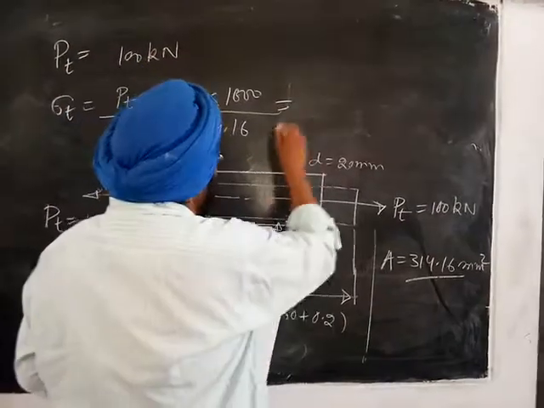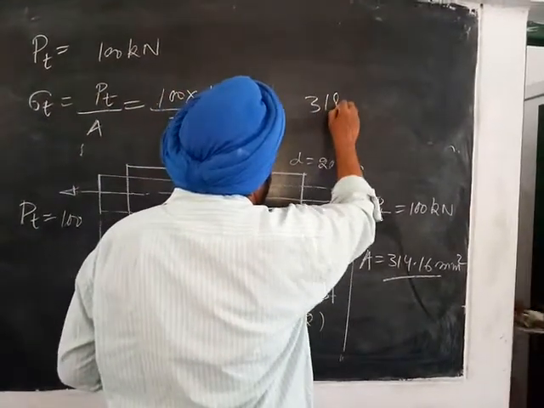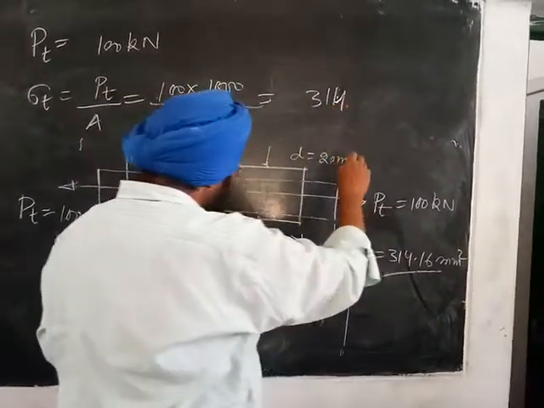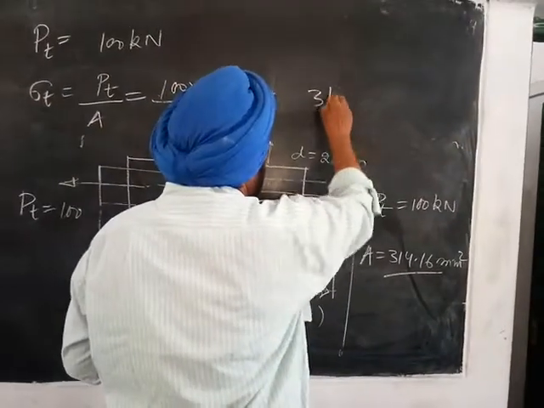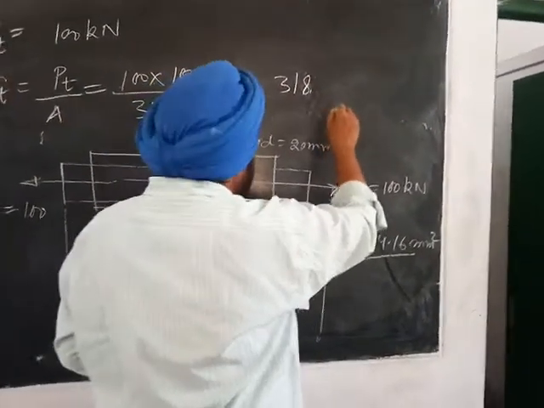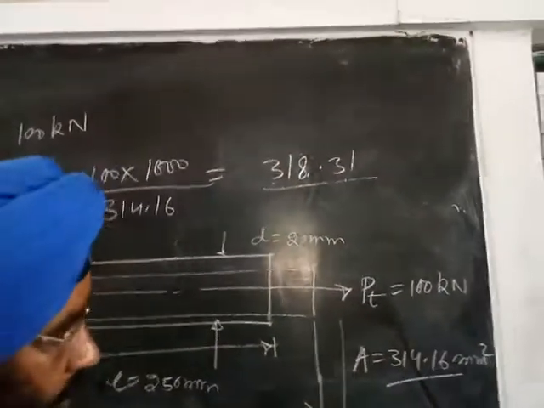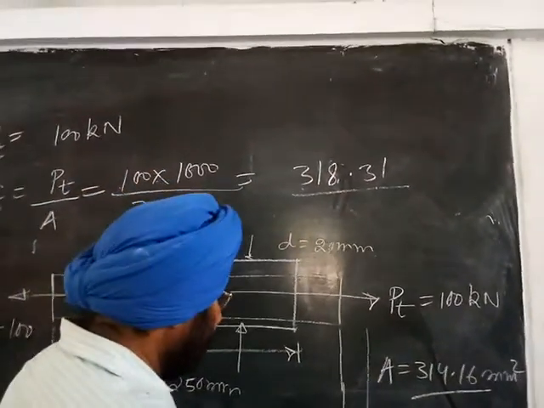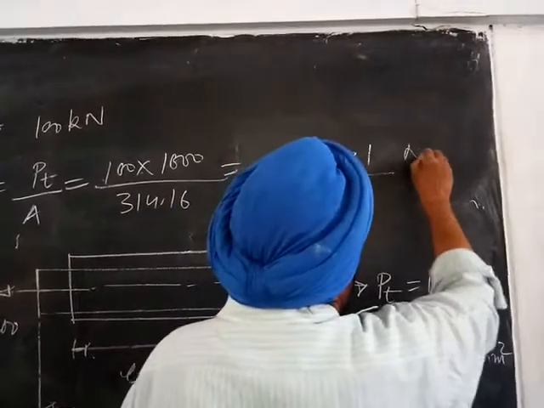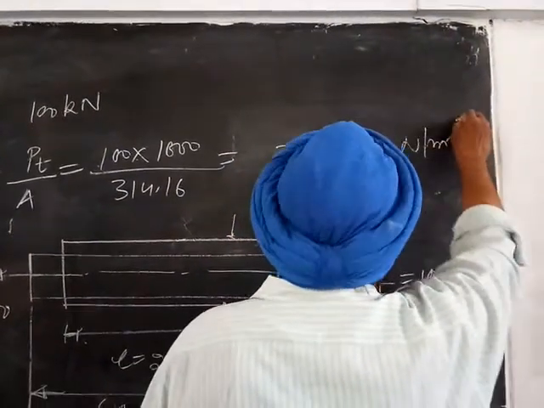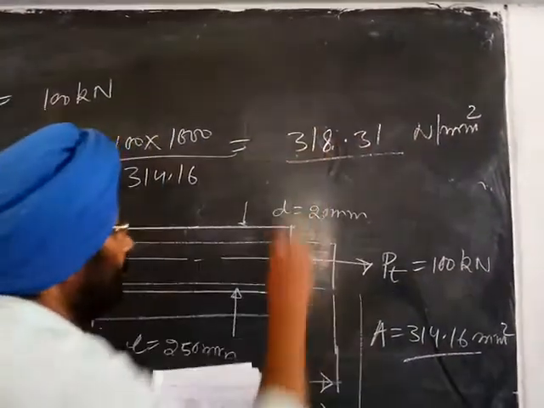So then tensile stress is 318.31 Newton per square millimeter. This is tensile stress, sigma t.